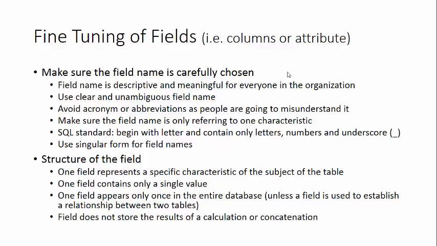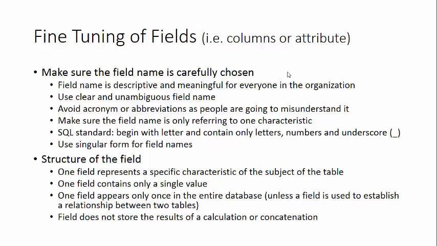That is, we do not want to duplicate data across different tables. There is one exception: unless a field is used to establish a relationship between two tables. And a field does not store the result of a calculation or concatenation.